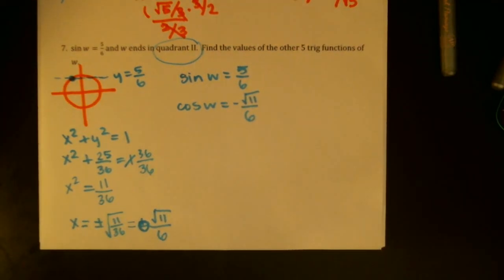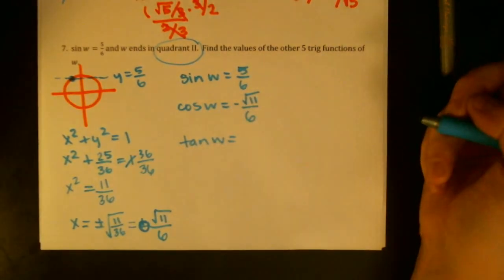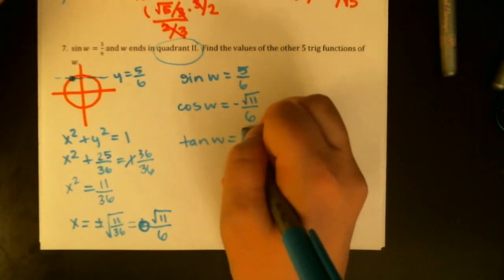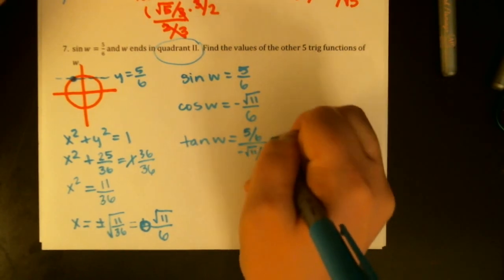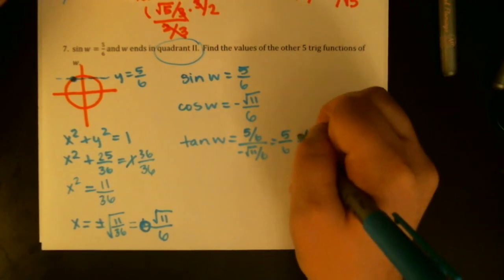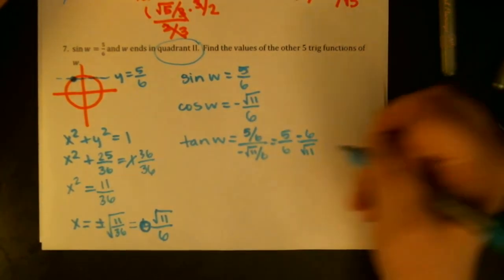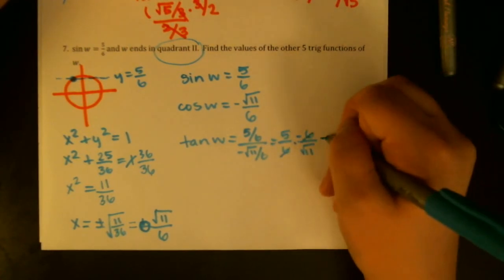And once you've got sine and cosine, the others should be fairly easy if you've got your definitions memorized. Tangent is sine over cosine. So we are dividing fractions, we'll multiply by the reciprocal, the 6's cancel.